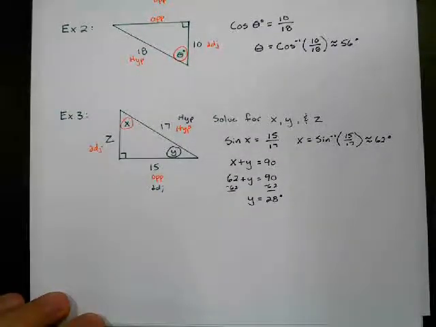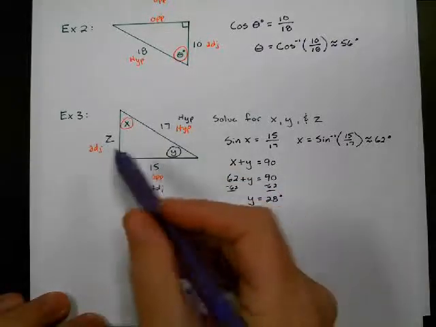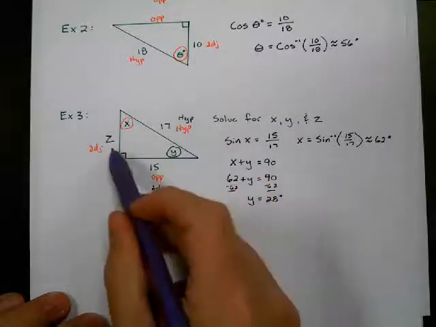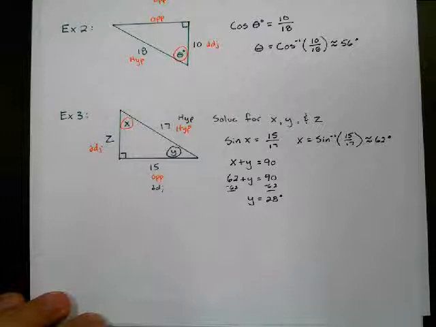But let's think about this. I've got two sides already, and I look for the third side. So in this problem, I don't need to use sine, cosine, and tangent to solve for z, because I can use the Pythagorean theorem instead.